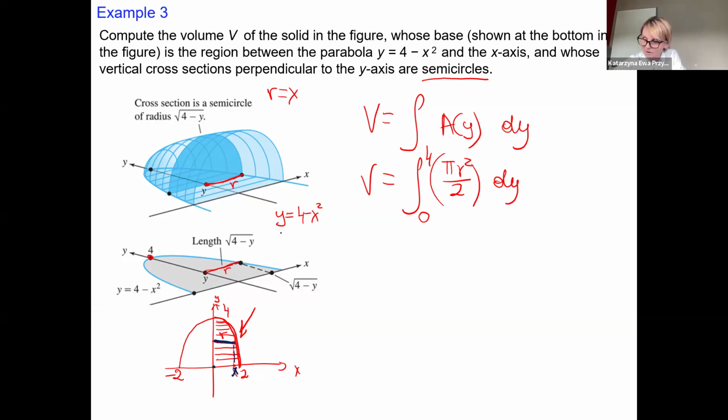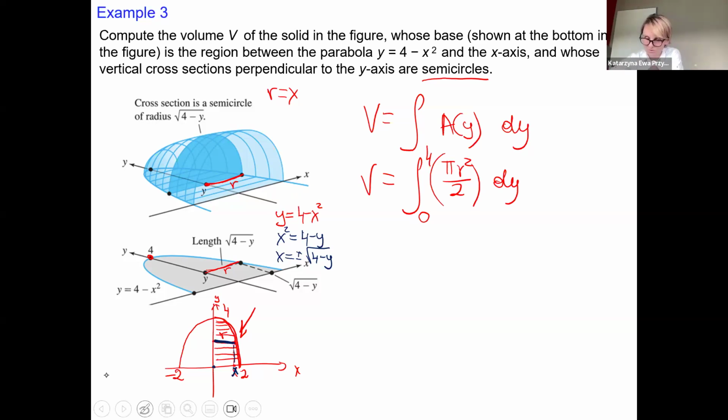Let's solve it for x. x squared will be 4 minus y, then x is plus or minus the square root of 4 minus y. Since we are in the first quadrant, we can just take the positive. We are squaring anyway, so it's not a problem.